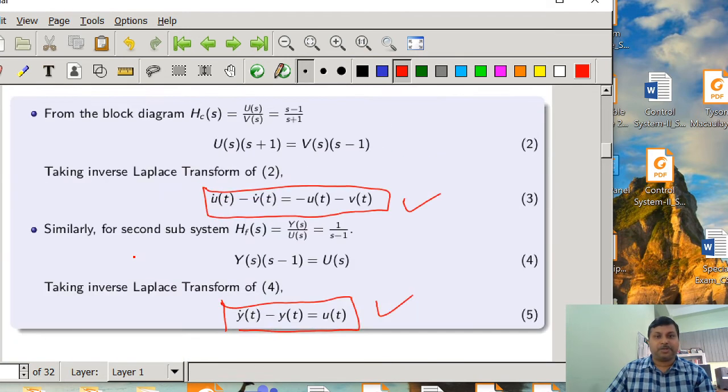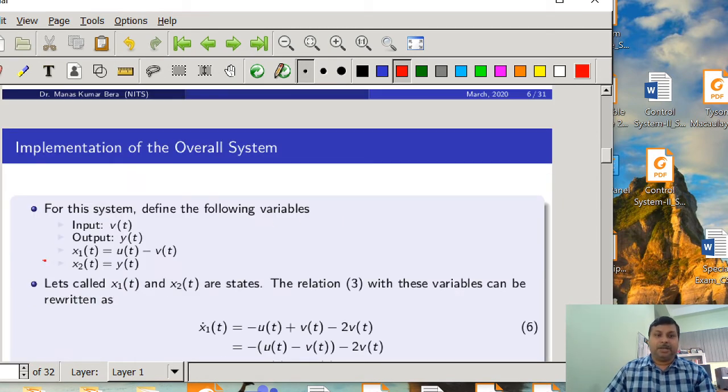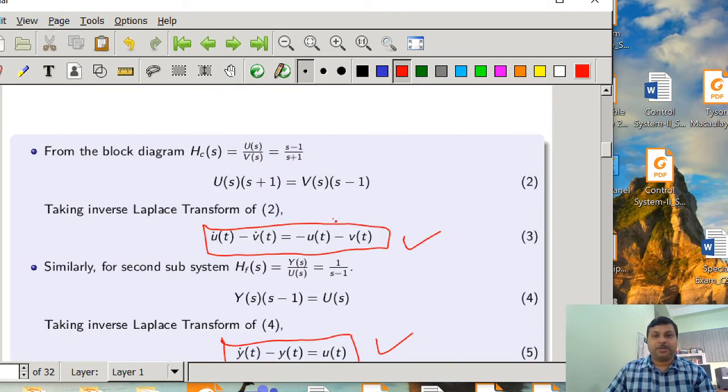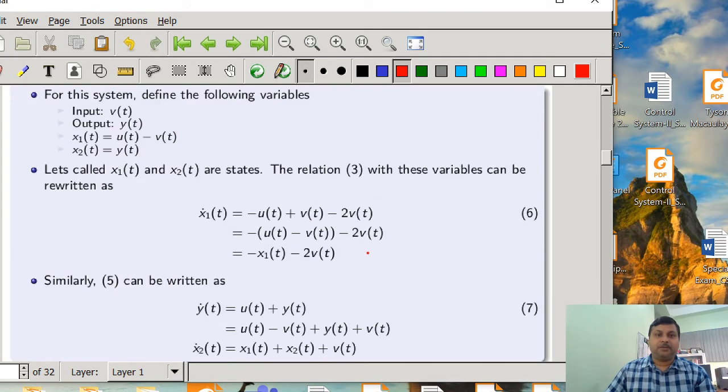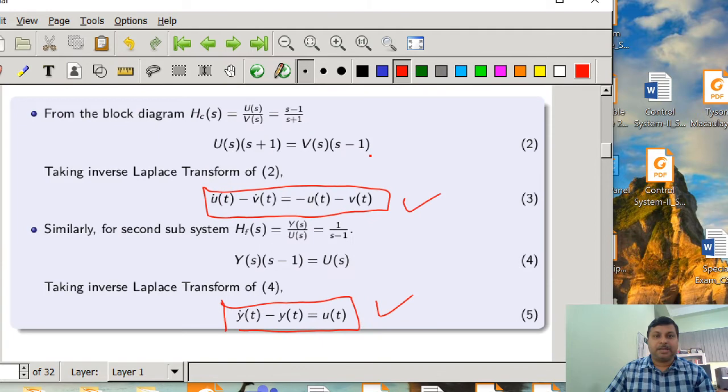Now we will write equation number 3 and equation number 5 with these variables only, that is x1(t), x2(t) and v(t), and the system output we will write as y(t). From equation number 3, the relation is minus u(t) minus v(t).